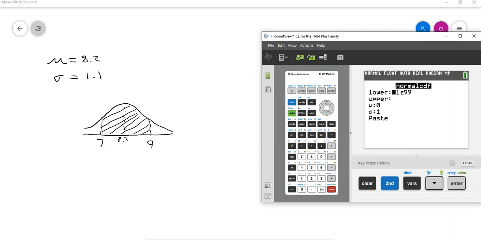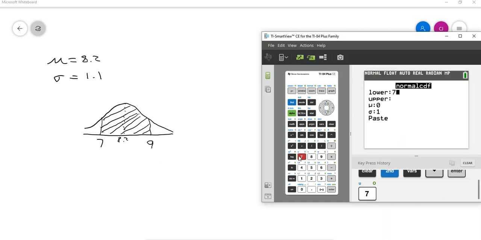Well, I would have to go to the Z table and convert these over, and I'd have to look up at the table that I showed you and all that, but this is actually much easier. So my lower number, or the one to the left, is going to be 7. The upper number here is 9.